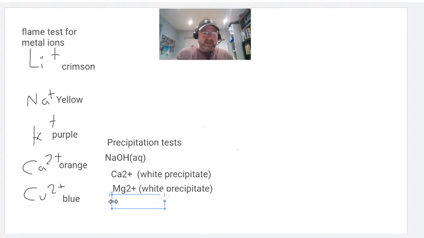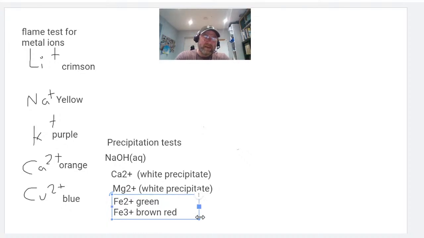There's other ones you need to know, like iron 2+ is green, and Fe3+ is brown, red. Listen, they can be really specific as well. If they ask what is responsible for the white solid, don't say calcium 2+ ions.